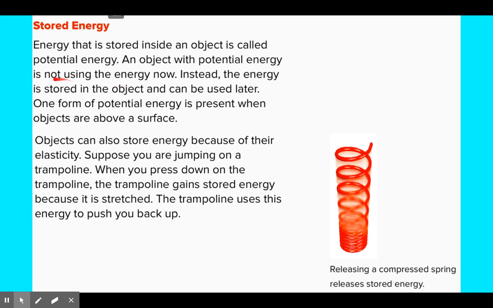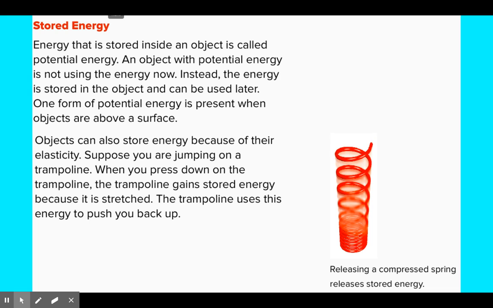Fine. So one form of potential energy is present when objects are above a surface. That means the object is at a good height from the ground or from the surface. The higher the object is from the surface, the more potential energy it will have.